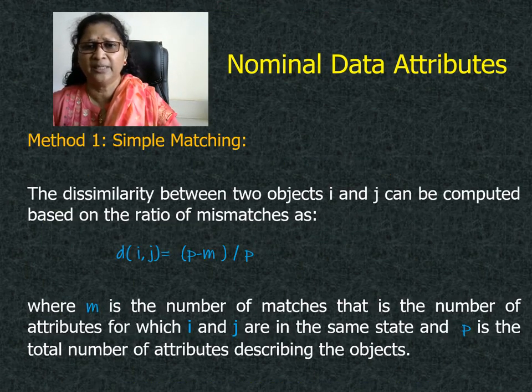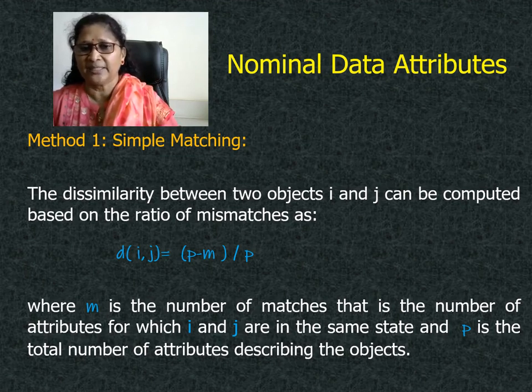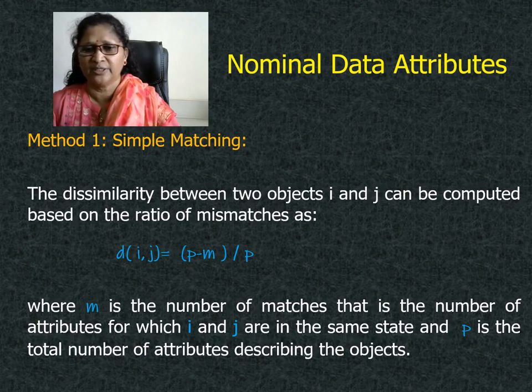First method is the simple matching method. Dissimilarity between two objects i and j can be computed based on the ratio of mismatches as (p minus m) divided by p. We just defined that m is the number of matches between any two objects and p is the total number of attributes or features describing that particular object.